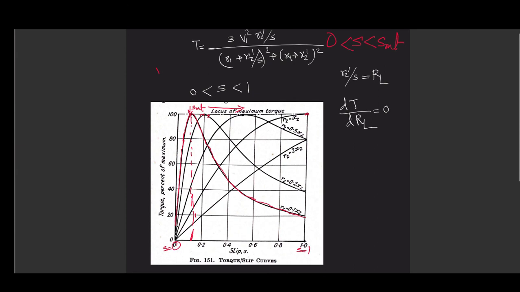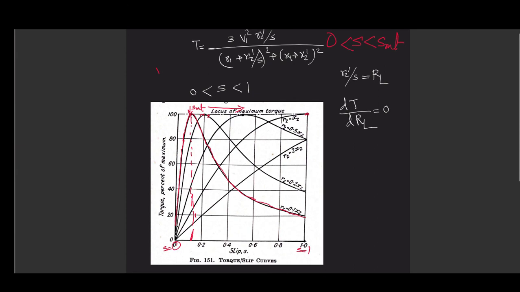Now if you consider the starting torque, however, at starting your S will be 1, and starting torque is directly proportional to rotor resistance, because R2 dash appears in your numerator.